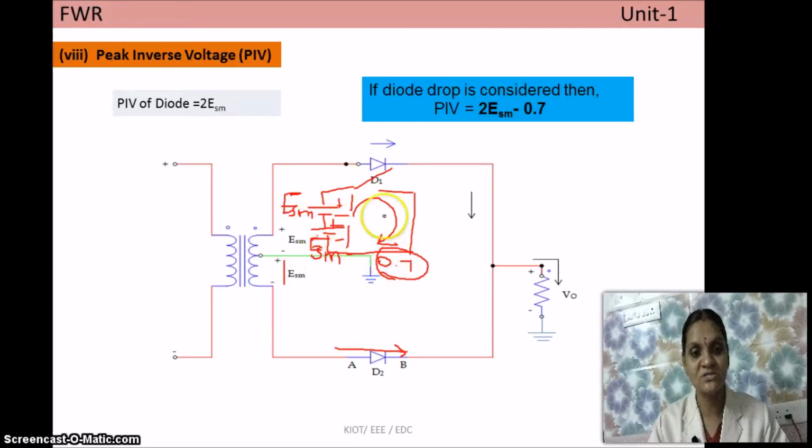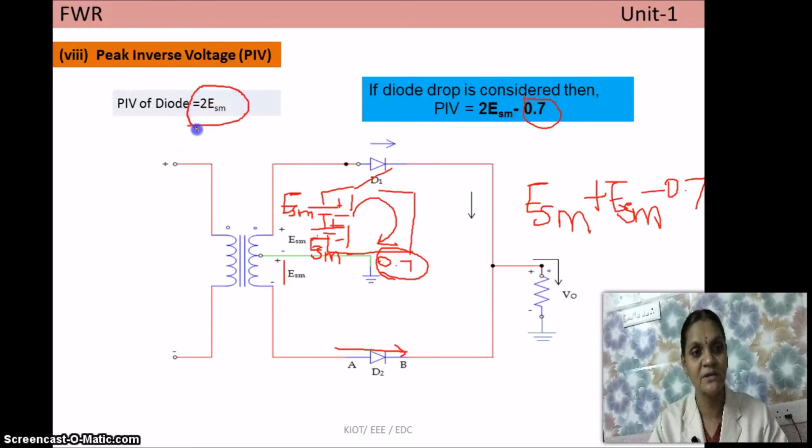So in this closed path, what is the total voltage? ESM, this is rise, and this is drop. So we get ESM plus ESM, and across the next diode it is a drop of 0.7. So total voltage across the diode D1 in reverse bias is 2 ESM minus 0.7. But this 0.7 is very negligible, so we are leaving that, and peak inverse voltage is only 2 into ESM.